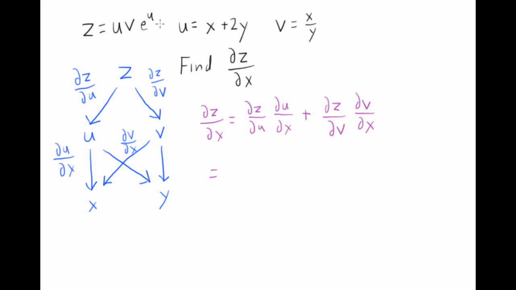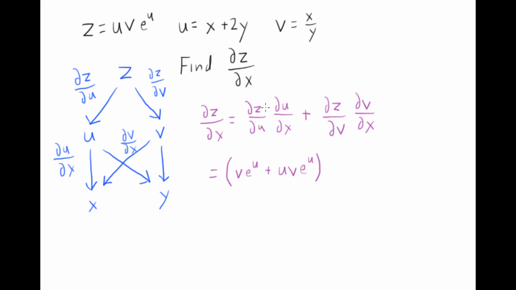Del z del u. Oh, I've got to take the derivative of this. Oh my goodness, the v is just a constant, but I've got u times e to the u. This is product rule. So it's going to be the derivative of uv, that's just v, times e to the u. So that's the derivative of the first times the second, plus uv times the derivative of the second, which is e to the u.